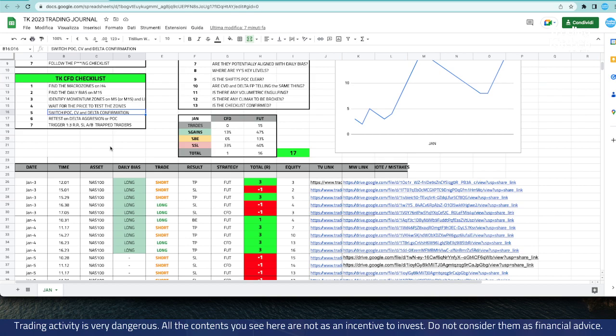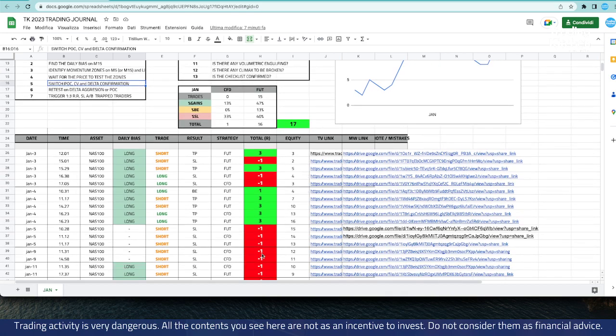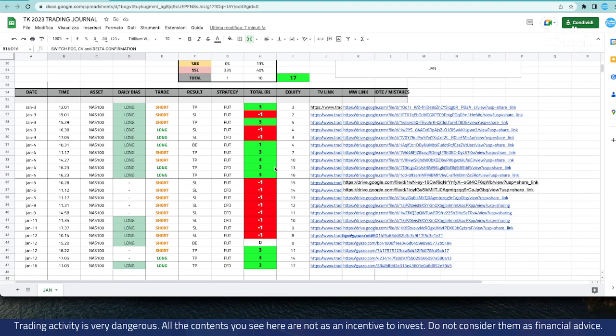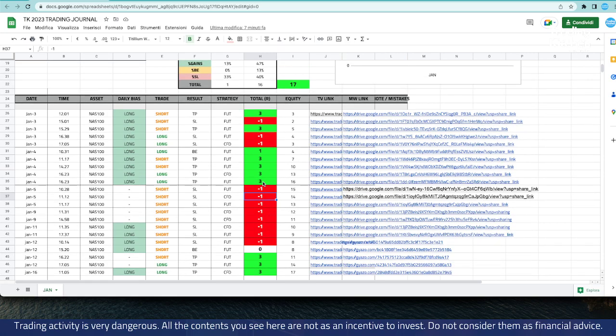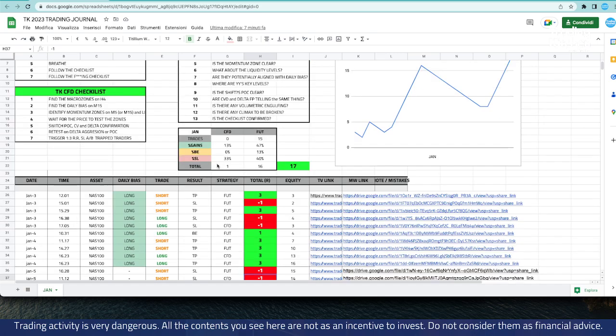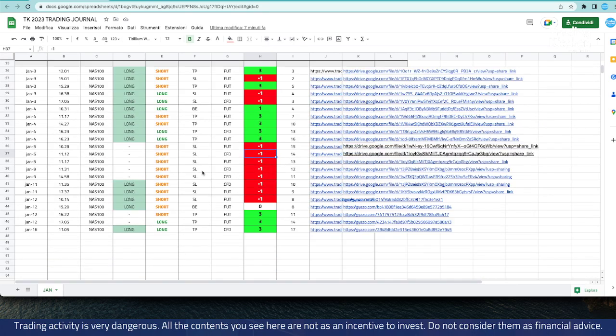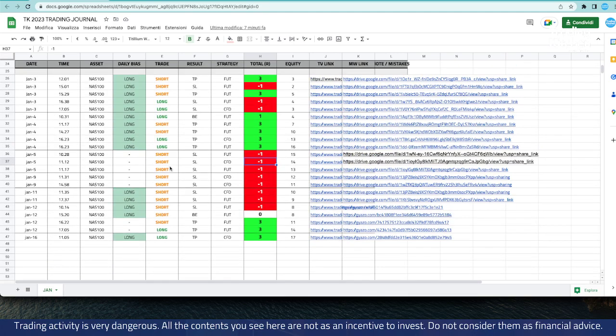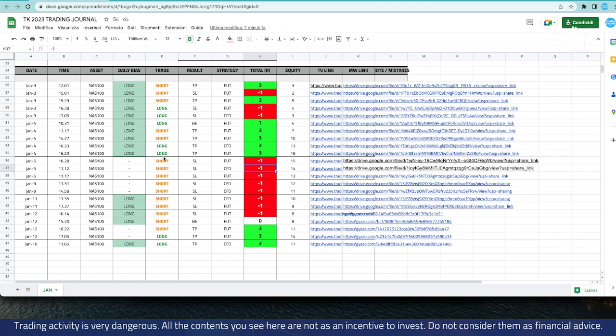but above 90% of the stop losses that I took this month is because I didn't follow my checklist. So as you can see, the trades here, for example, are all short, and the day bias is all long.